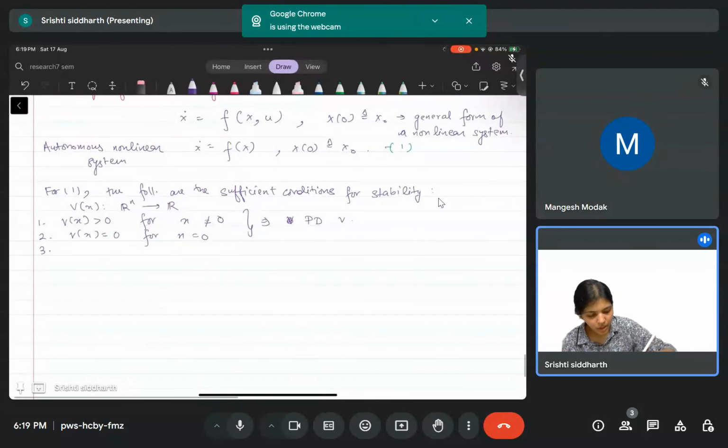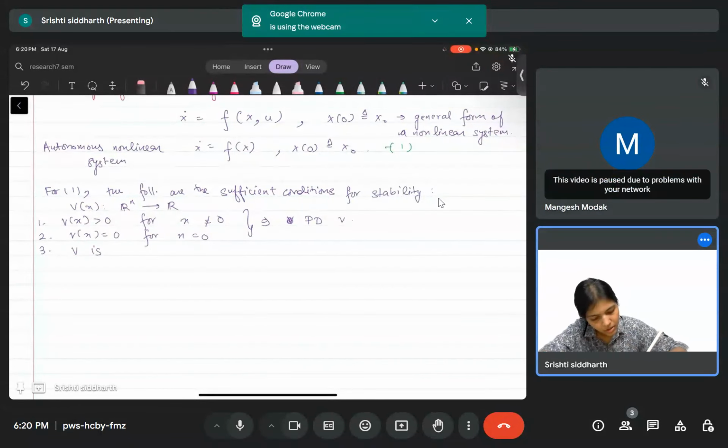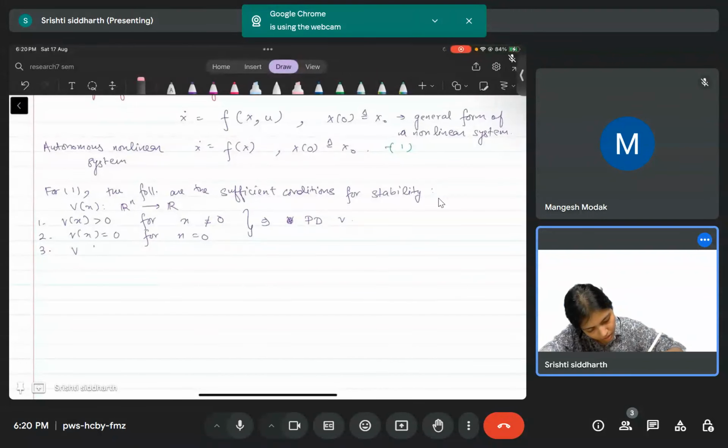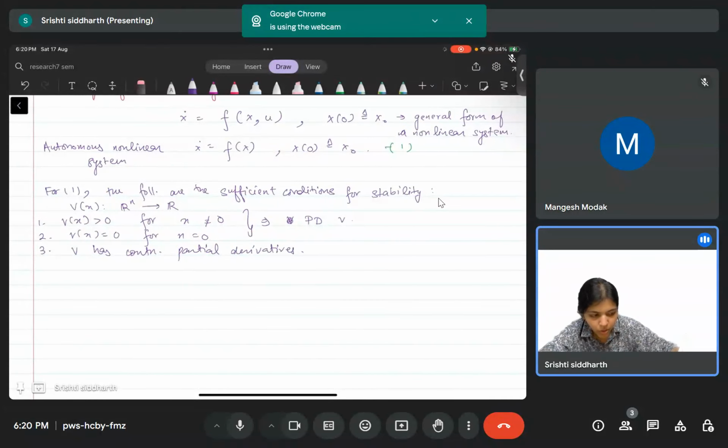And the third one is that we can take derivatives of V. So the function V has partial derivatives. This is because when we talk about V dot, it would be del V by del x times del x by del t, so we need these partial derivatives.